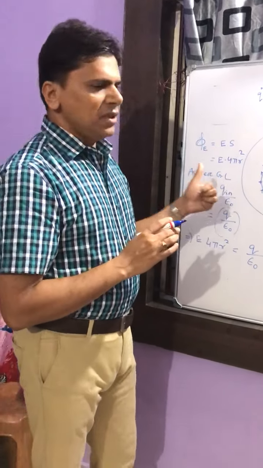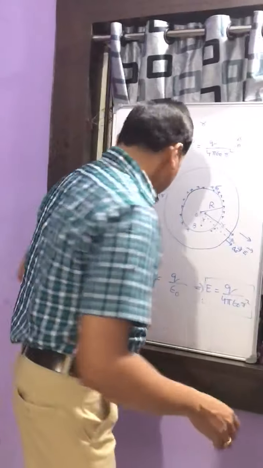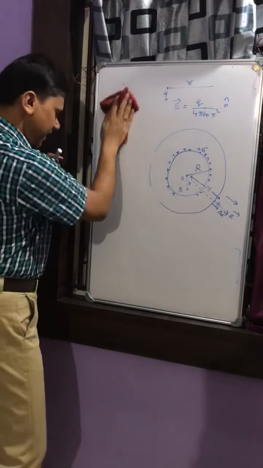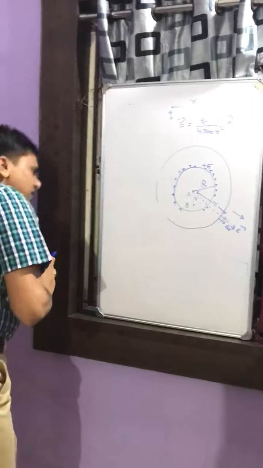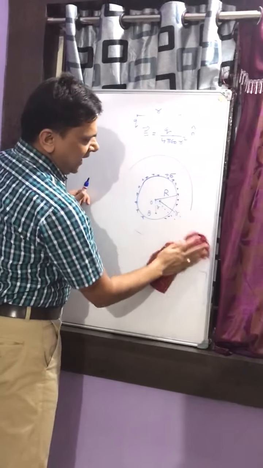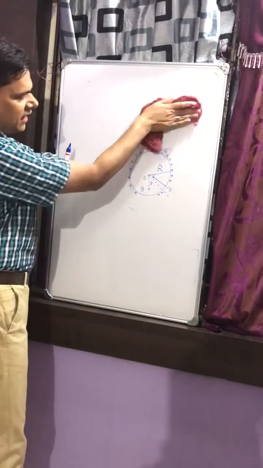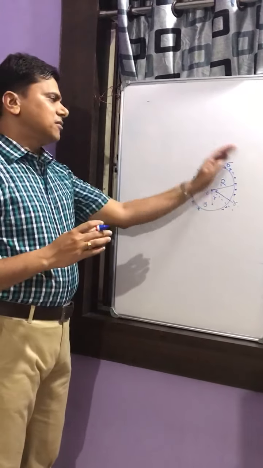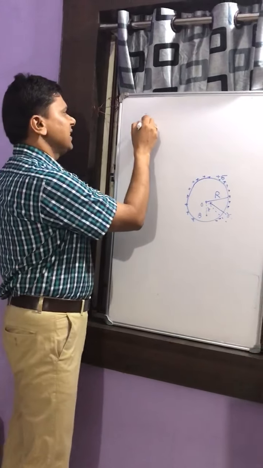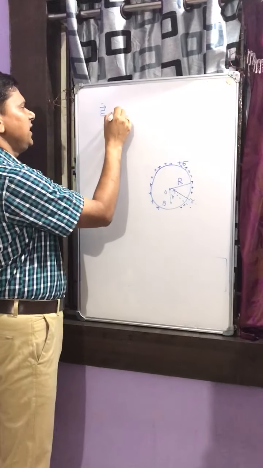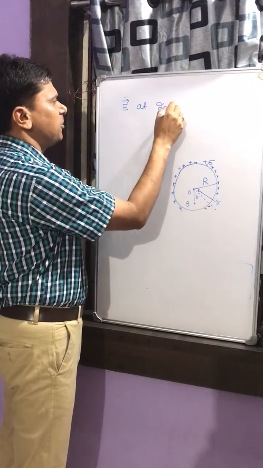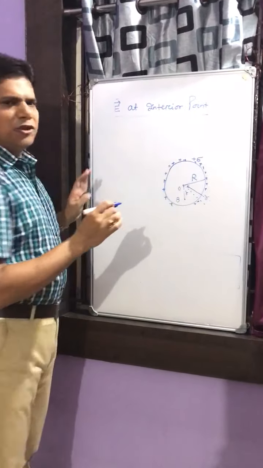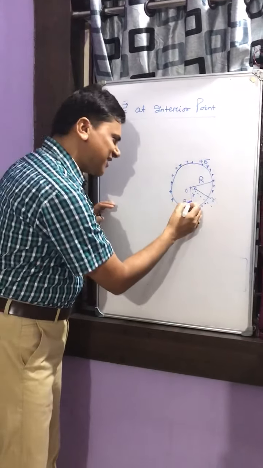Its direction will be outward if this charge distribution is positive, and inward if the charge distribution is negative. Now let us see what happens in the case of an internal point. If I take an internal point, that means instead of A, if I take B, you see in the diagram there is a point B. That B is inside the thin spherical shell. In that case, to find the electric field at an interior point, as we know, we first take a Gaussian surface.